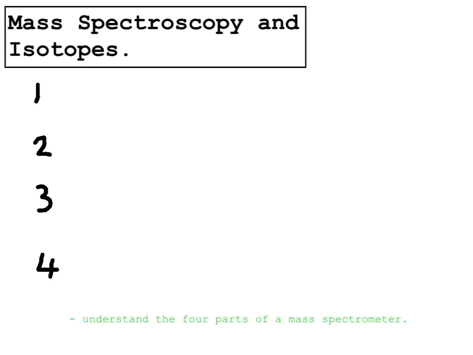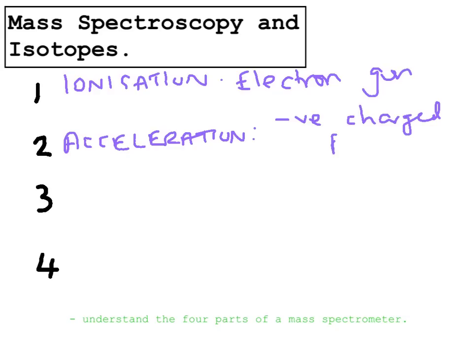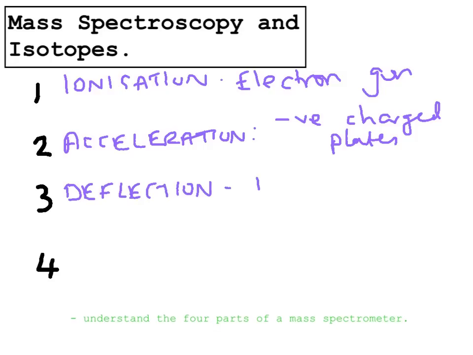So to summarise those 4 main parts, you've got ionisation with an electron gun. You've then got acceleration with negatively charged plates. You've then got deflection with an electromagnet, which can be turned up or down.